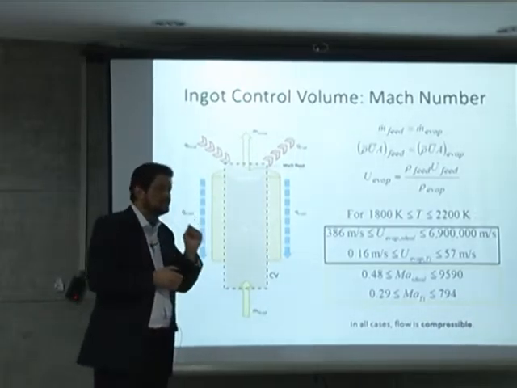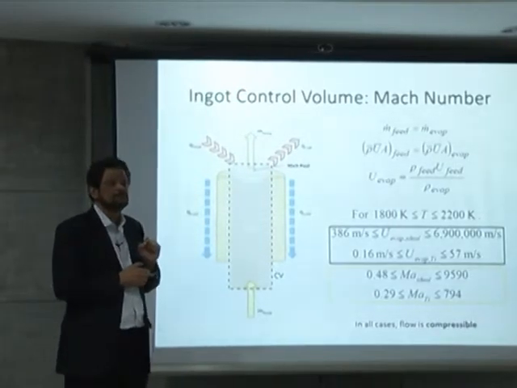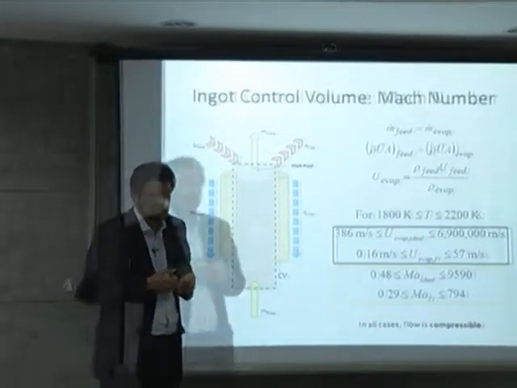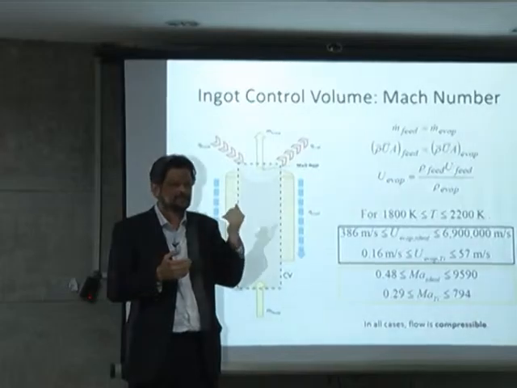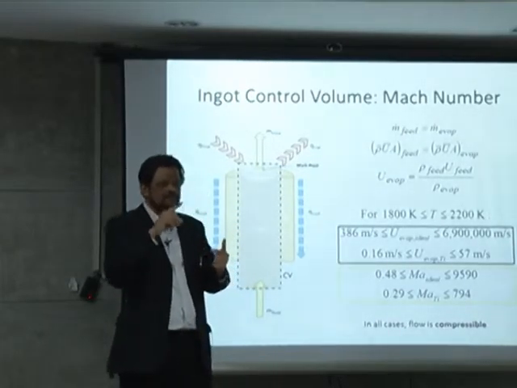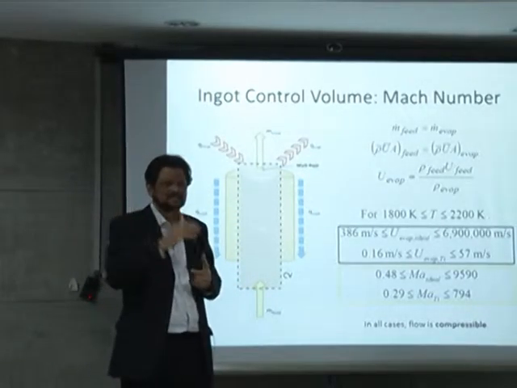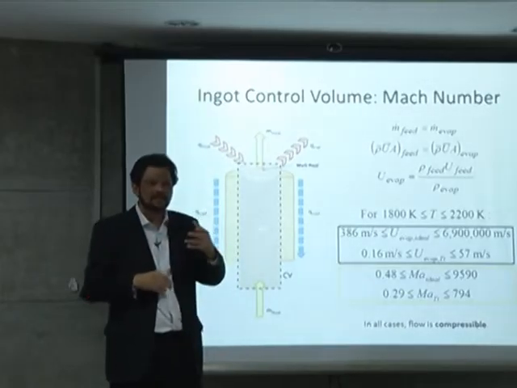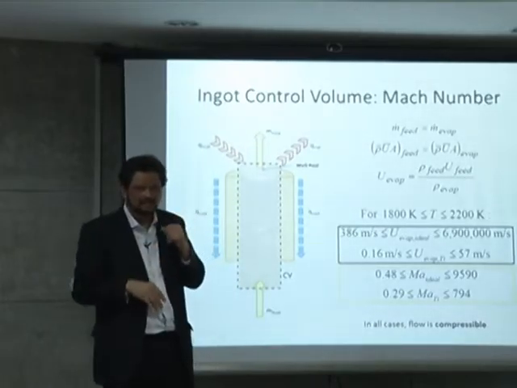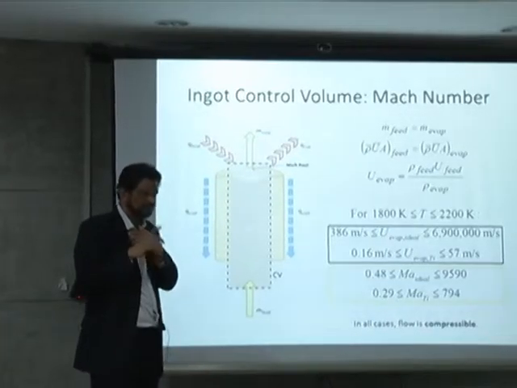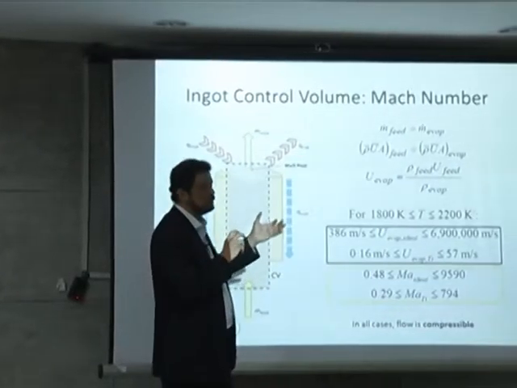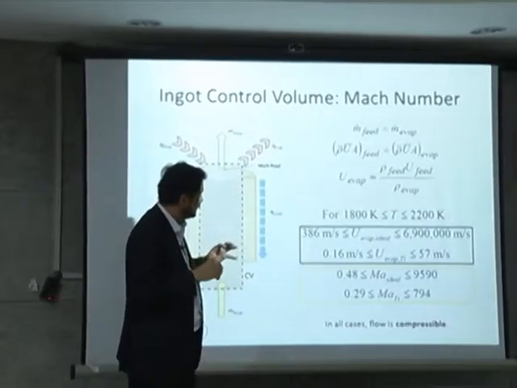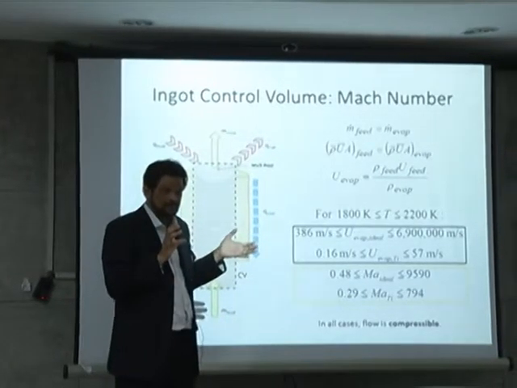Now the real definition of Mach number is a thermodynamic definition. In terms of temperature, Mach number is equal to the square root of gamma RT, exactly, where T is the temperature, R is the gas constant, and gamma is the specific heat ratio, right? And now remember, if the temperature is very low or very high, the Mach number can be very different.